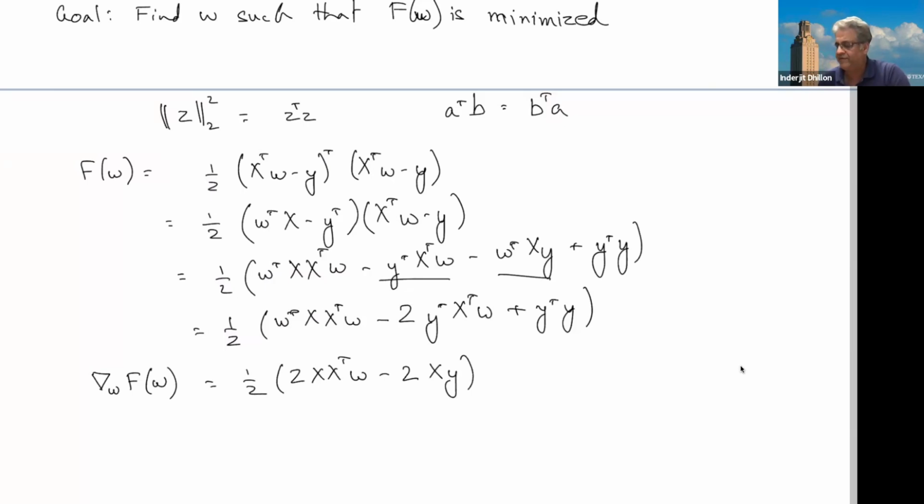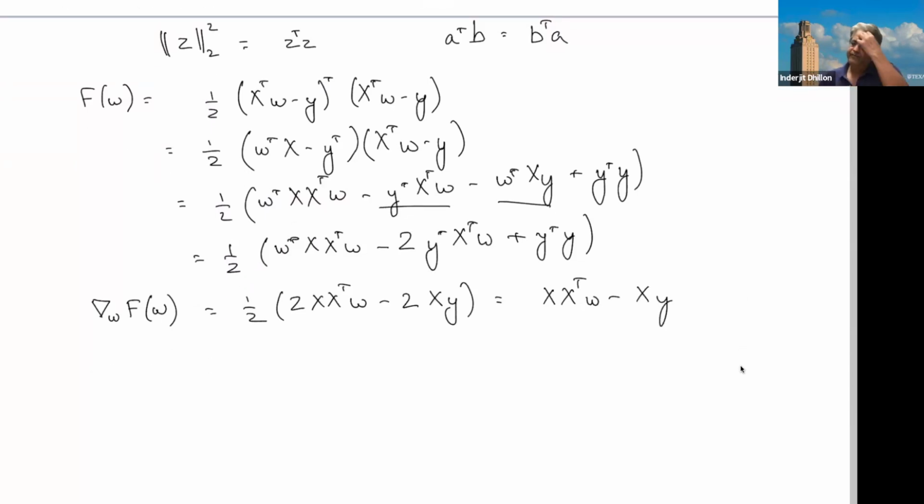This is why I had this half: it cancels out with the 2, and I get x transpose W minus xy. And then I take the derivative and set it equal to 0.